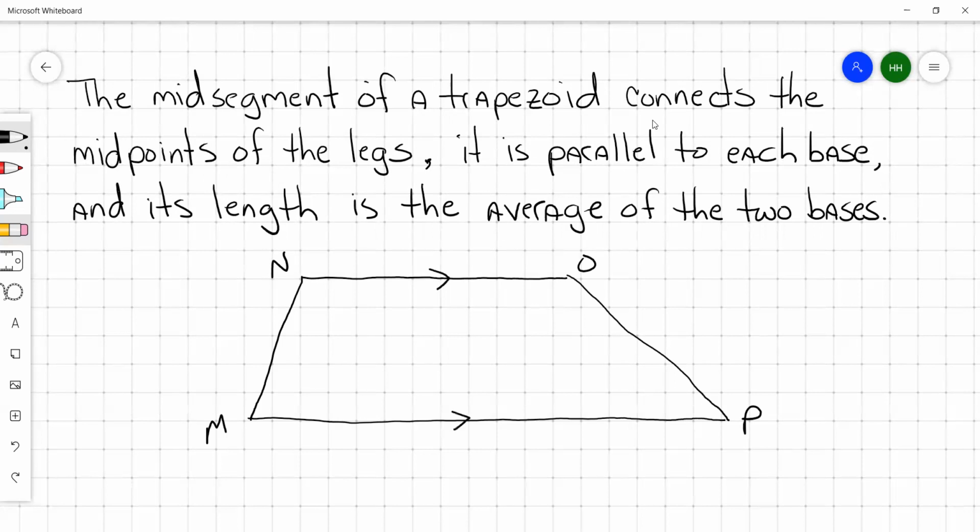So those are the bases. So if you find the midpoint of MN, which is right about here, call it Q. And then if you find the midpoint of OP, which is right about here, call it R. And you connect those two midpoints. This is called a mid-segment.